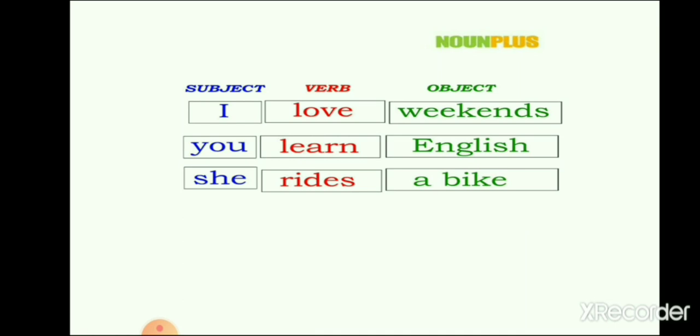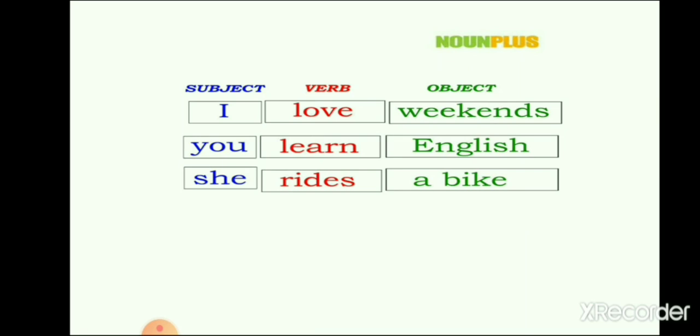The next, you learn English. Here, you learn. Without the object, English, the sentence is not meaningful. So we have added one object to this: you learn English. She rides. Rides what? A bike. So a sentence should have SVO, shortly we say: subject, verb, object.